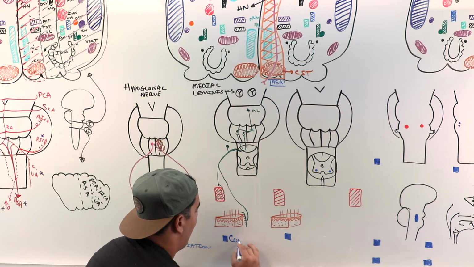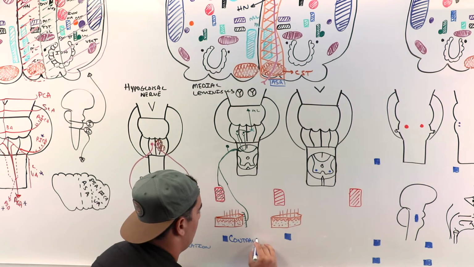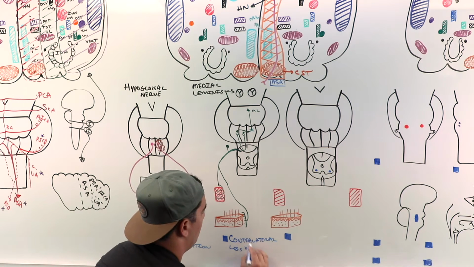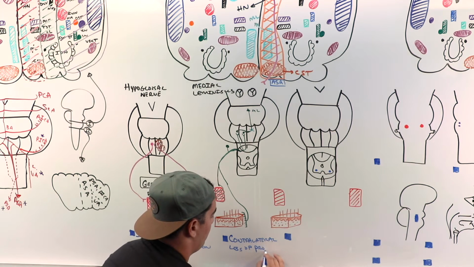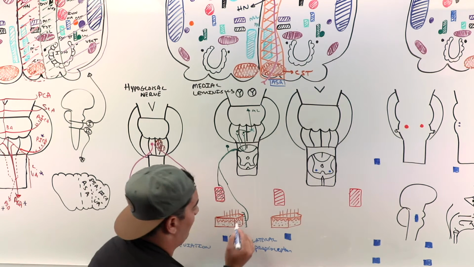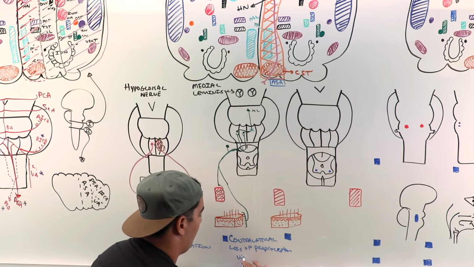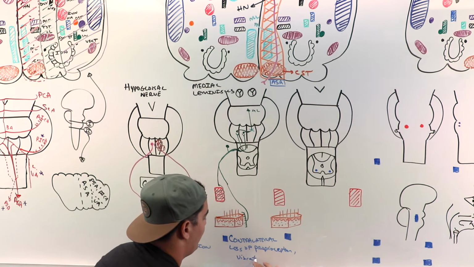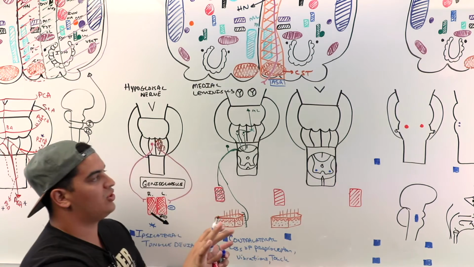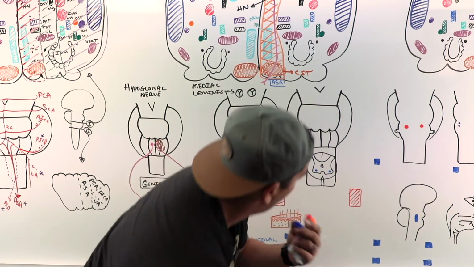It's contralateral loss of what sensations? Proprioception, vibrations, and touch. Vibrations, here we'll put a comment. Vibrations and touch. Sweet. That covers that.